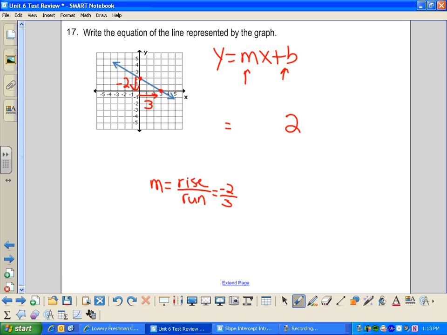My slope is -2/3, so my m value is -2/3. So my equation is y equals -2/3 x plus 2. Wait a second, this is a negative slope. Let me look at my graph and see whether it looks like it should be negative. Yeah, that's checking out. Looks good.